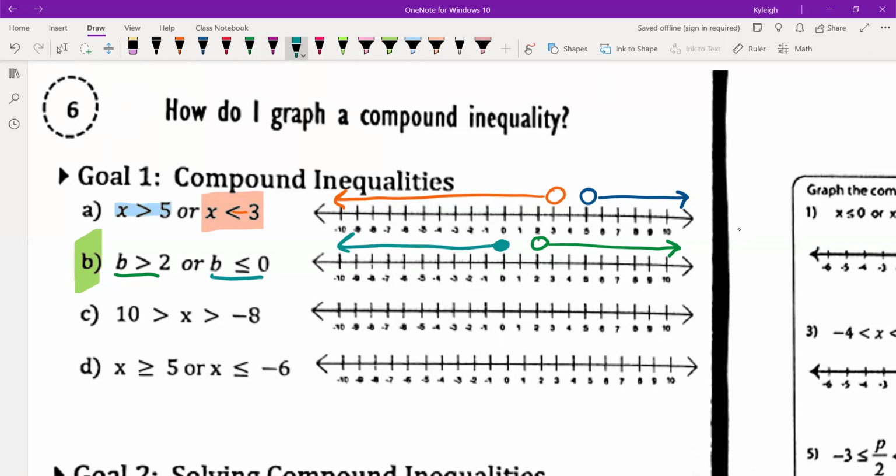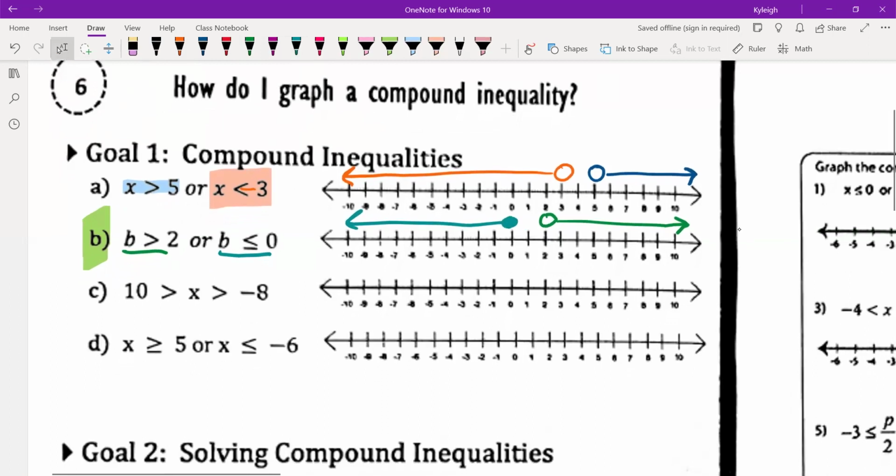What's a little bit more complicated with C is that it's the "and." So we start with one side. Let's do the easy side first, the obvious side. That says x is greater than -8. So we're going to start there, and it's going this way. The other one, it's backwards.